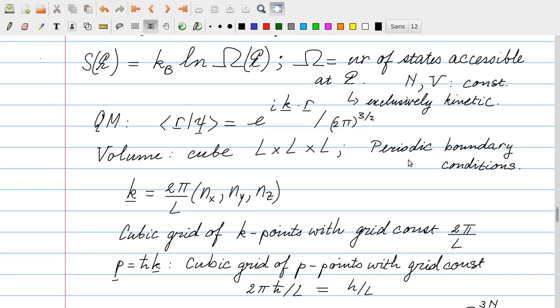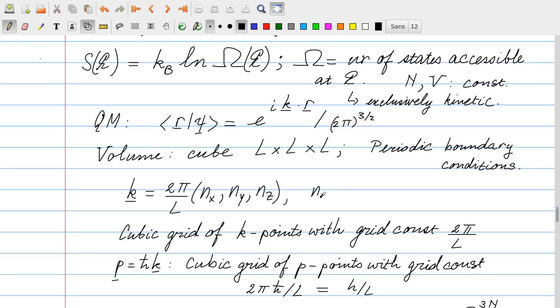Now if the boundary conditions are periodic and we have these plane waves, then k should assume values only 2π over L times nx, ny, nz. So k is a three-dimensional vector and it has this prefactor, and then nx, ny, nz are just integers.